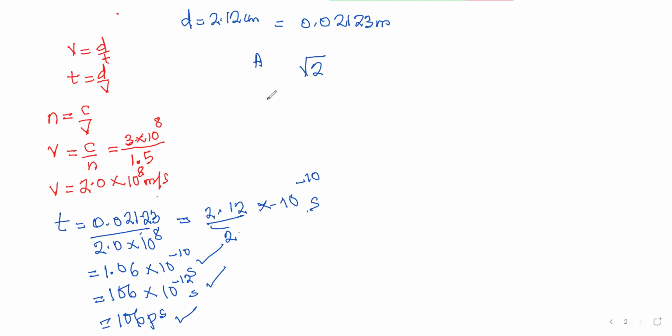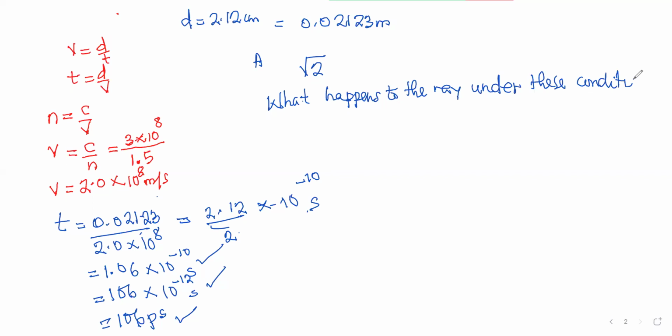So the question is, what happens to the ray under these conditions? So quickly, 5 minutes, work through it and let's see what your conclusion will be. I'm going over the question.